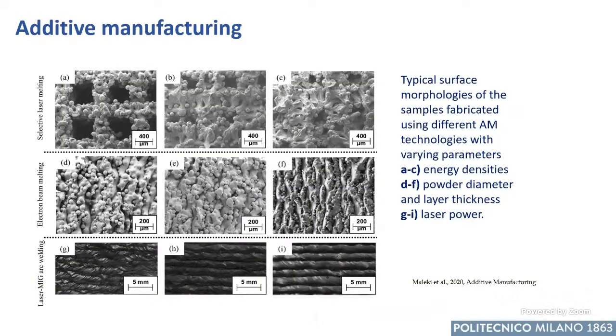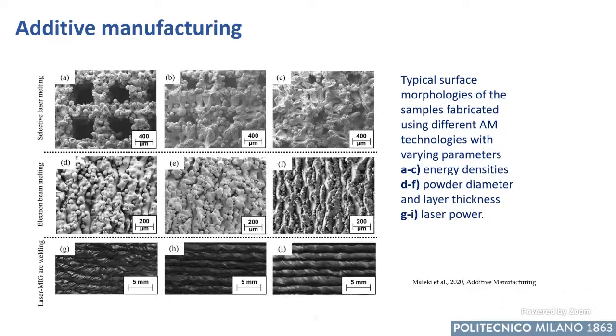These are some images taken from a paper we published last year. We have three different processes considered: SLM, selective laser melting, electron beam melting, and then laser MIG arc welding. Here we see how the surface changes with the different parameters that characterize each single process.